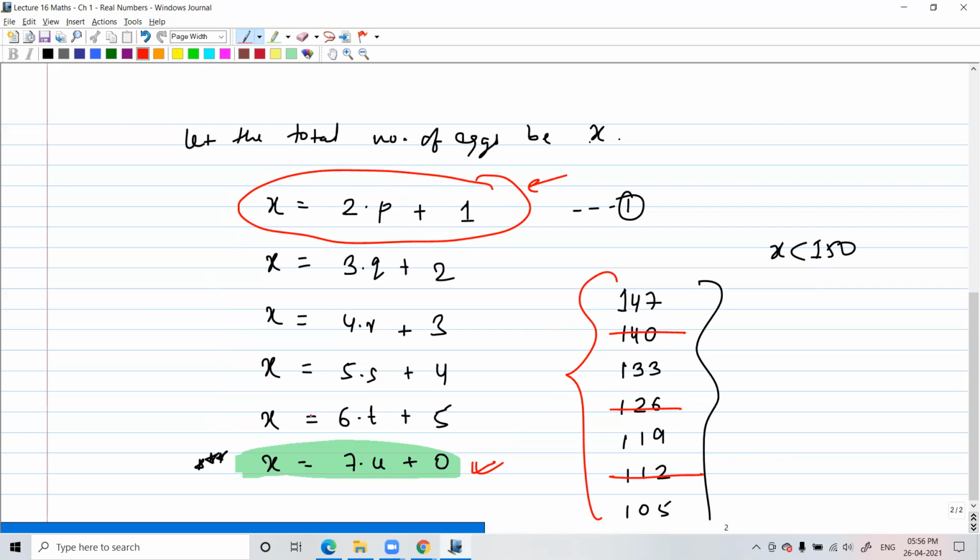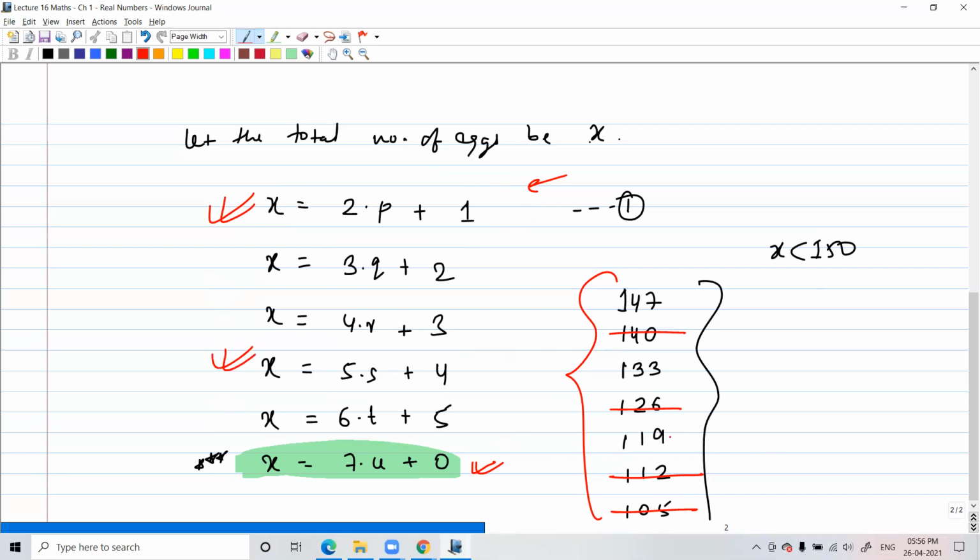Okay, same way, this number is not divisible by 5 also, because when you divide by 5, the remainder should be 4. So 105 is also out. See how quickly we eliminated all those numbers just by thinking about these two rules, that this number is not divisible by 2 and this number is not divisible by 5 also.